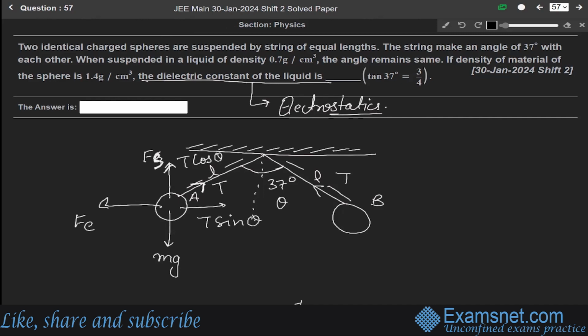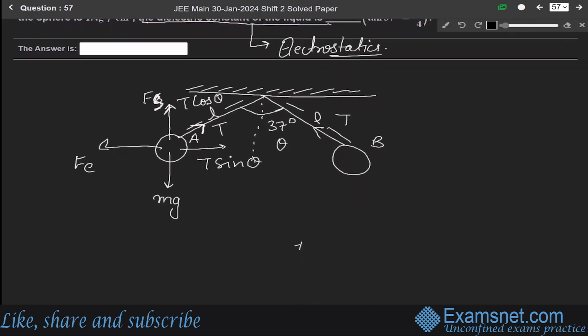Now using the basic equations, T cos theta equals mg, the downward weight, and T sin theta equals Fe, this force.